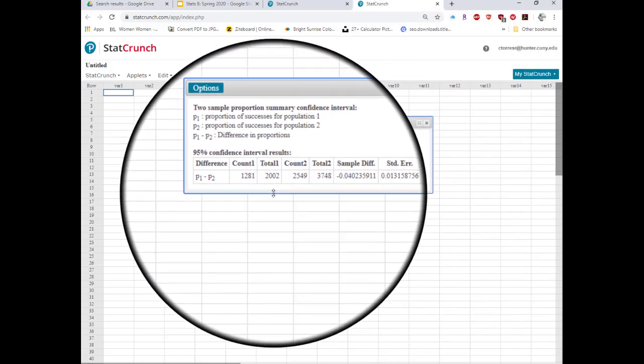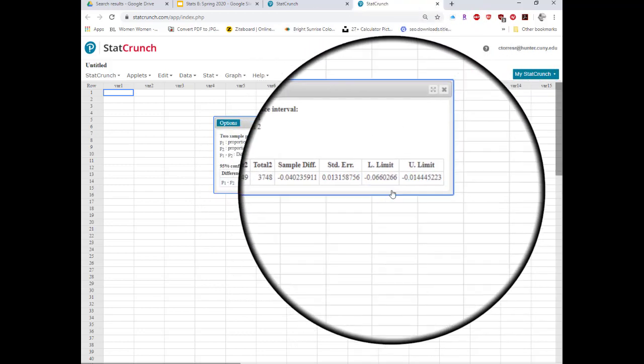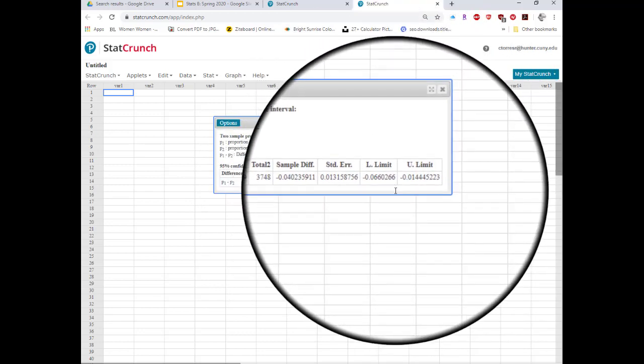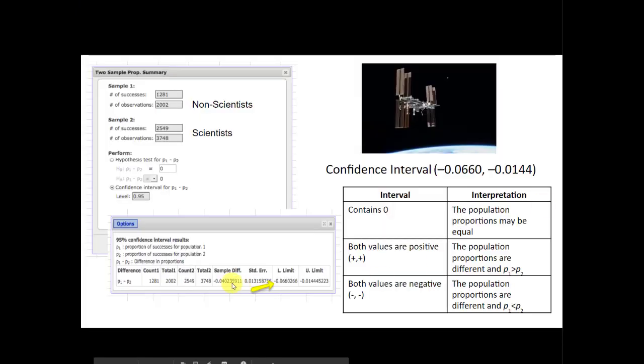Okay. What does this tell us? This gives us the lower limit and the upper limit right here. Notice both of these are negative. So what I've put here is just the same printout that I had from StatCrunch. I've added the information where it says non-scientists and scientists, so they're easy to discuss.